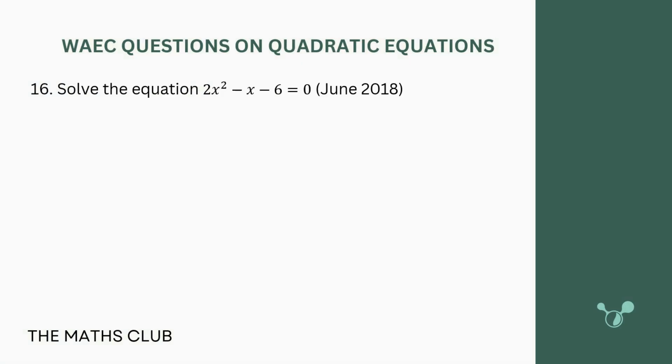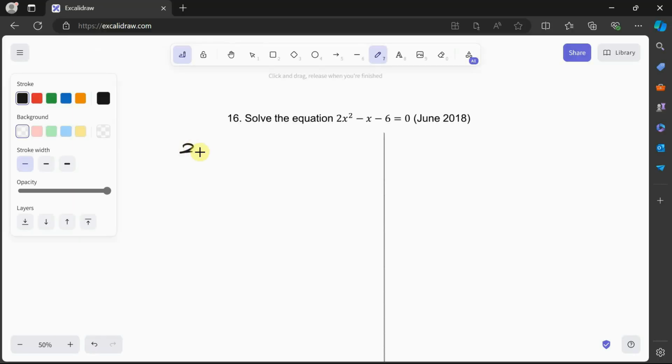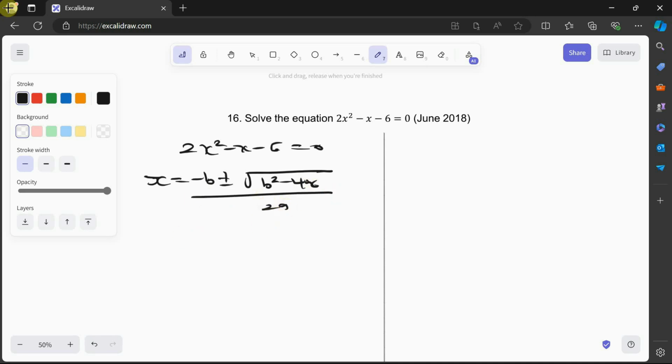Question says that we should solve the equation 2x squared minus x minus 6 is equal to 0. So we have 2x squared minus x minus 6 is equal to 0. Using the formula method, we have x is equal to minus b plus or minus square root of b squared minus 4ac all over 2a. Our a is what? 2. Our b is what?